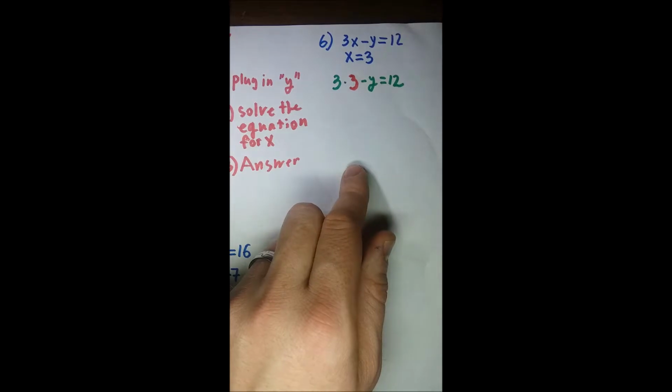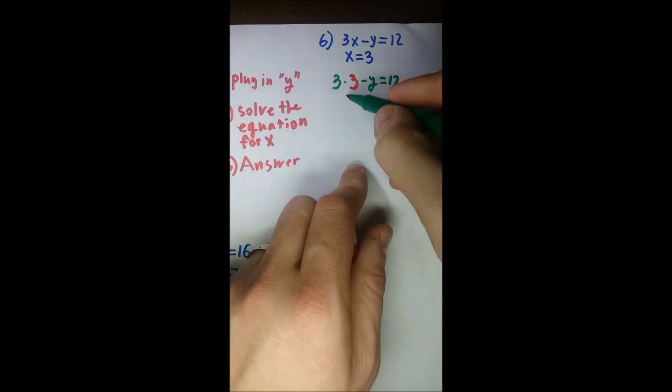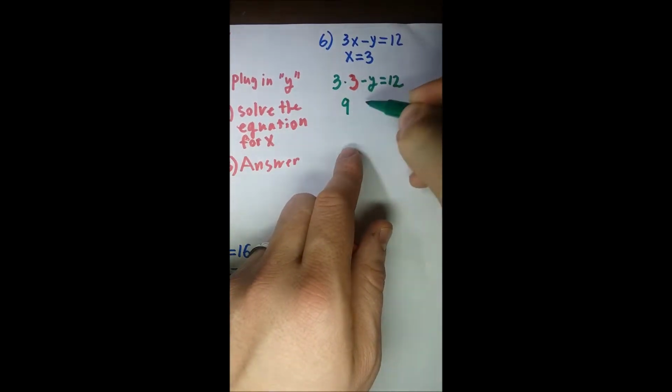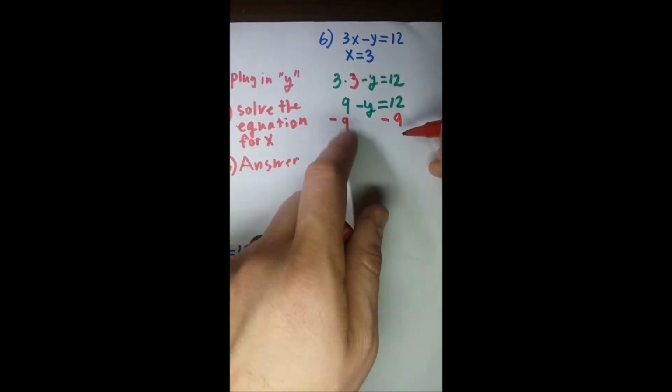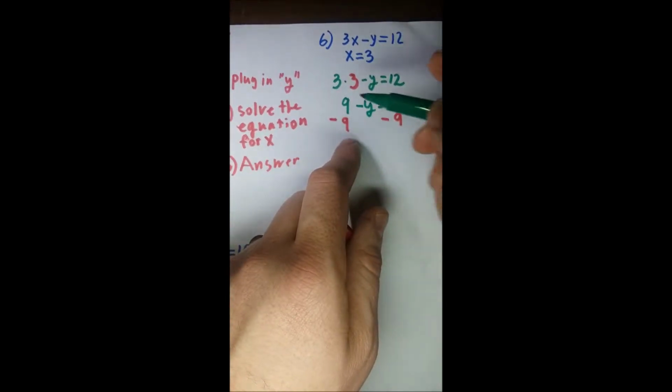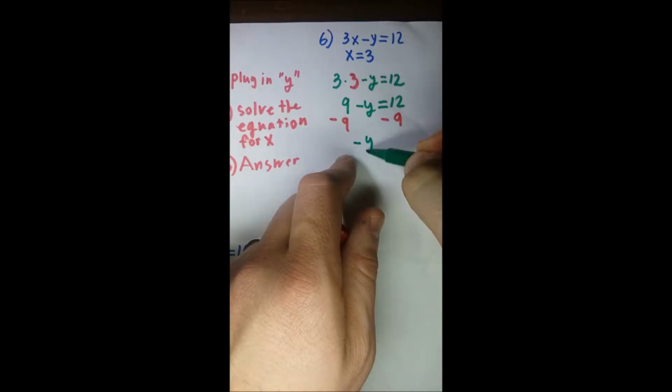So now you're looking at 3 times 3 minus y equals 12. 3 times 3 is 9 minus y equals 12. Then you need to isolate the variable by subtracting 9 from both sides. Since 9 here was positive, to undo it, we need to make it a negative. Now you're looking at -y equals 3.